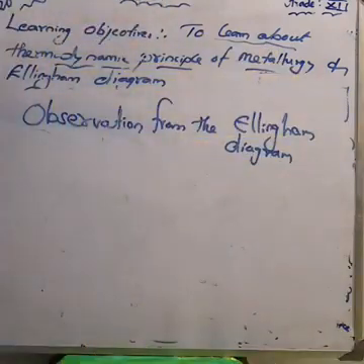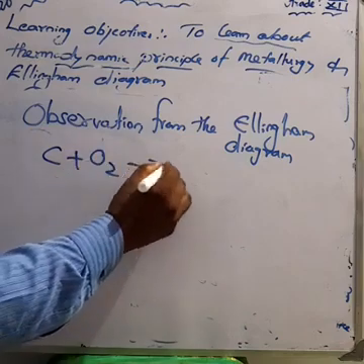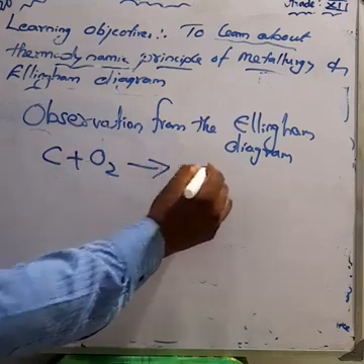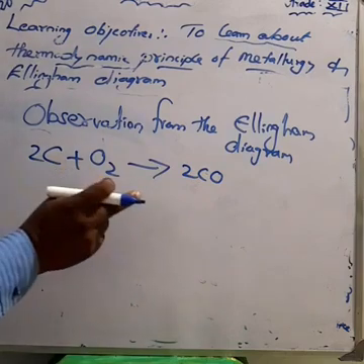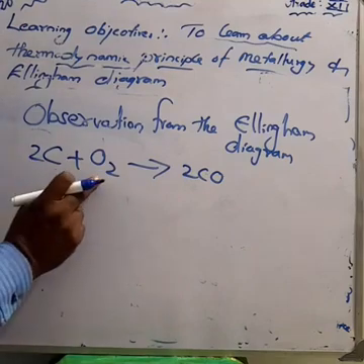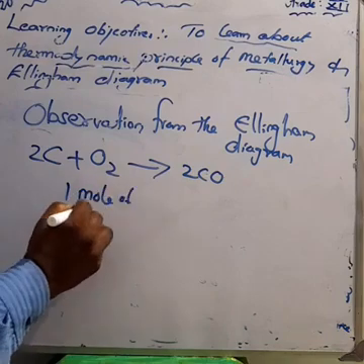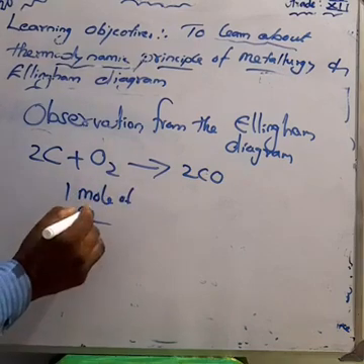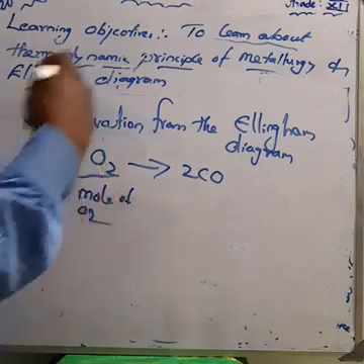First, we write the equation. What is the equation? C plus O2 gives 2CO. Am I right? C plus O2 gives 2CO. What is the reason? Because 2 oxygen is there when we are balancing. So how much carbon is there? 2 carbon is there. First, 1 mole of oxygen gas is involved in this reaction. How many moles of oxygen are there? Only 1 mole on the reactant side.